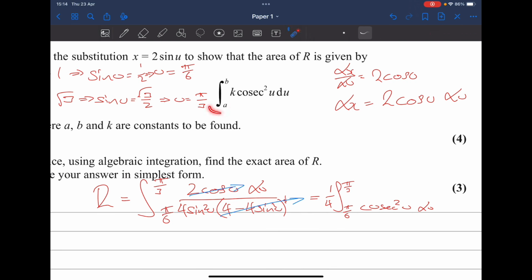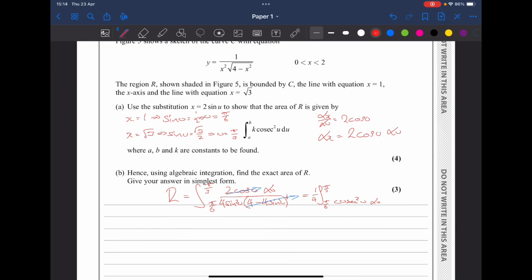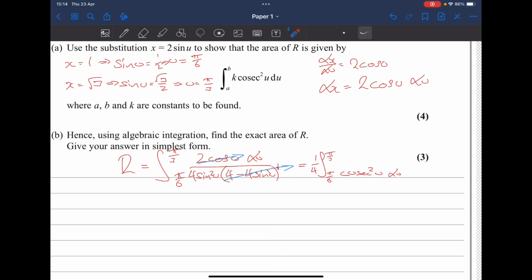So we can see here, k is going to be a quarter in this case. This is good. Actually, solving this now then. The integral of cosec is in the formula book. Do I remember it? I think I do. Is it cot? I think it's cot. So therefore r is equal to, we want to do cot of u, a quarter of that, evaluated at pi on 3 and pi on 6.